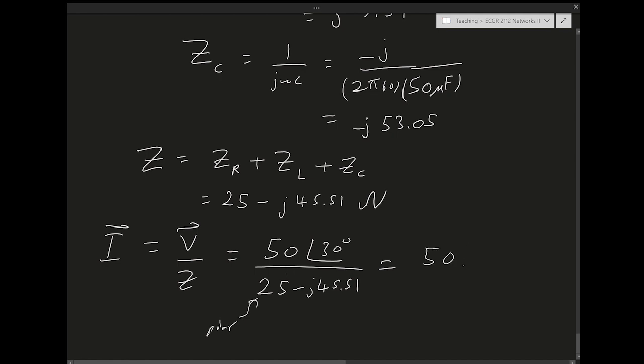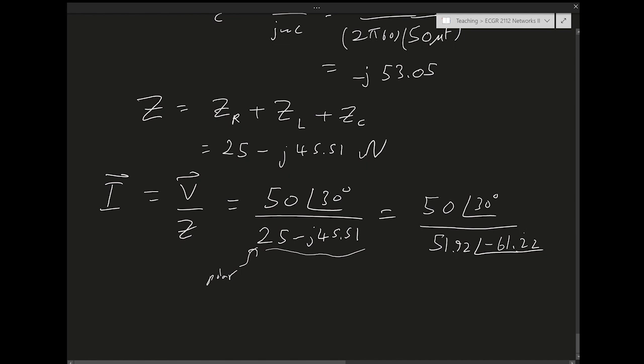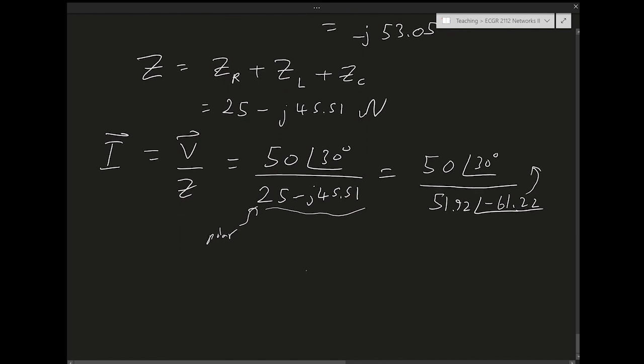The magnitude is 51.92, and the phase is tan inverse of minus 45.51 over 25, which is minus 61.22 degrees. Taking this angle to the numerator gives a positive angle, plus 30, which is 91.22. And 50 over 51.92 is almost 0.96.